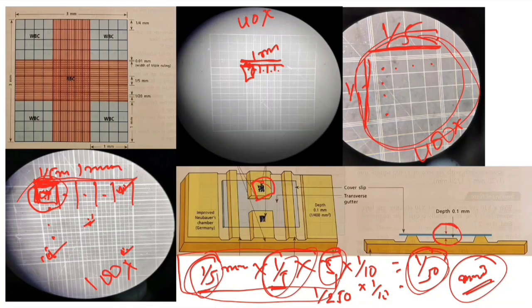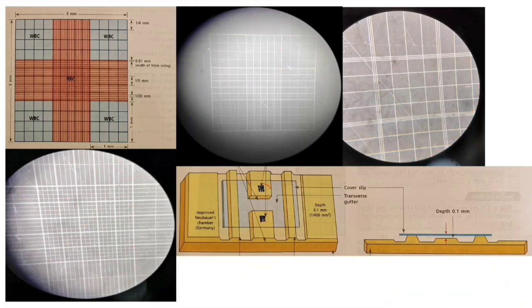So how is volume calculated? Again I am going to repeat this once more, because volume is very important. As we know, this whole area is 3 millimeter, this whole area is 1 millimeter, this whole area is 1 millimeter. If 1 millimeter is this whole area and we divide it into 1 2 3 4 5, then one area from here to here is 1 by 5 millimeter.